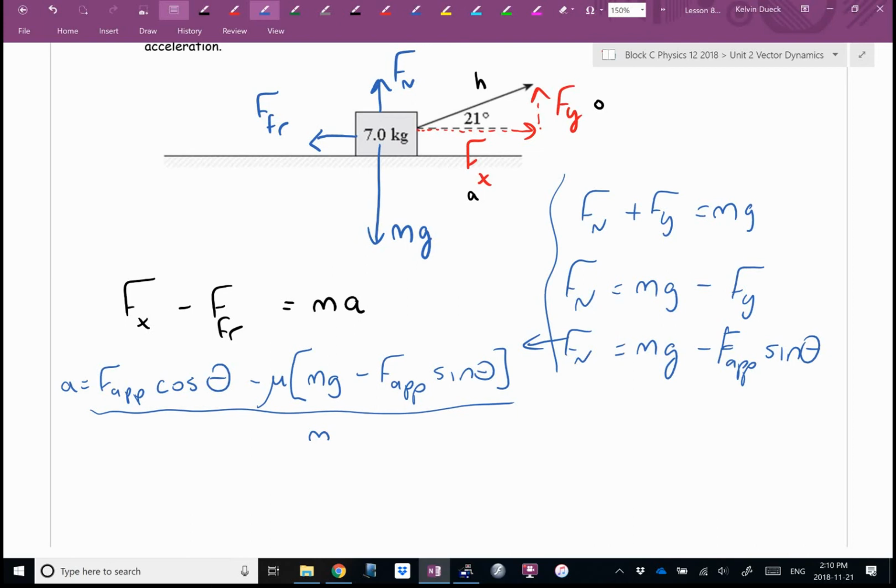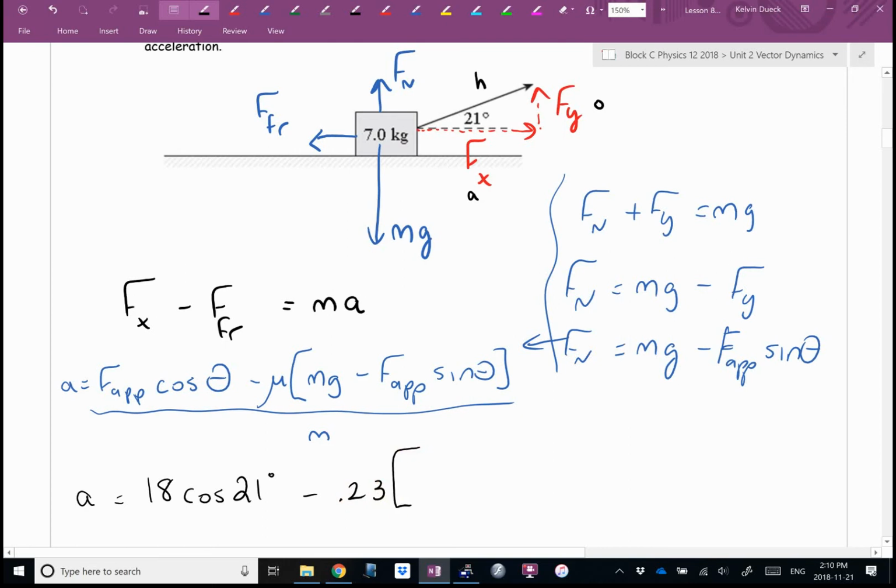How big was the applied force at an angle? Was it 18? Yes? I'm going from memory here. So it's going to be 18 cos 21 degrees minus, what was mu? Was it 0.23? And then this is complicated enough.